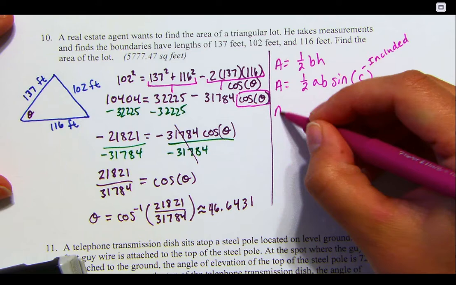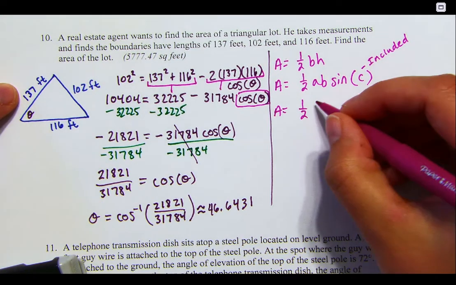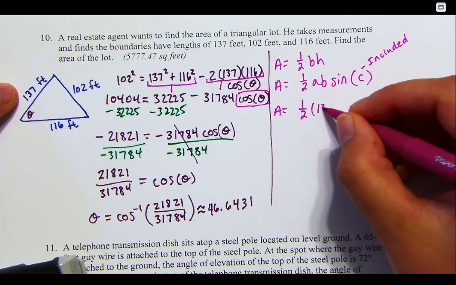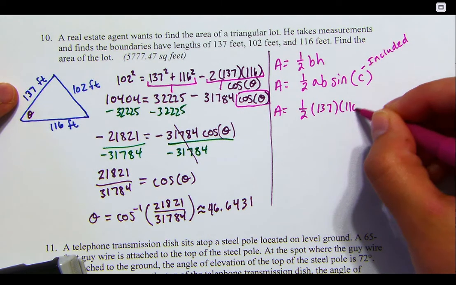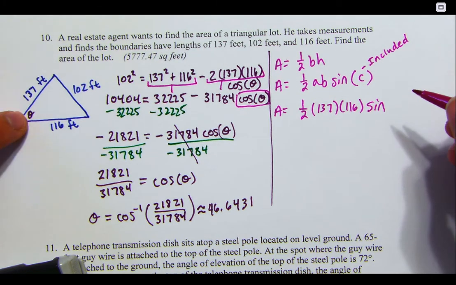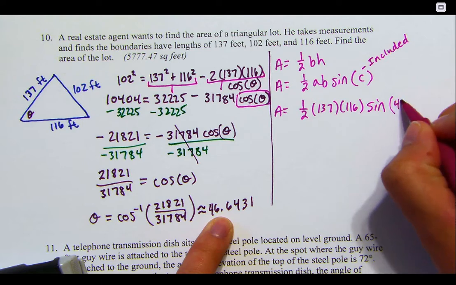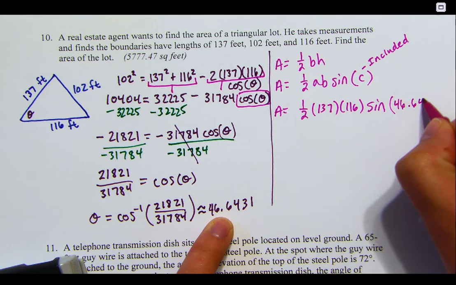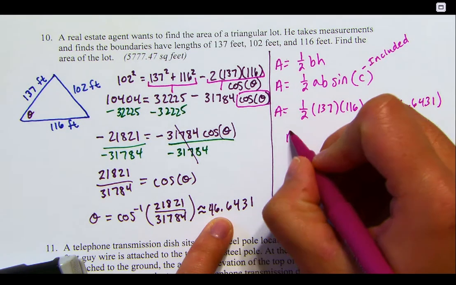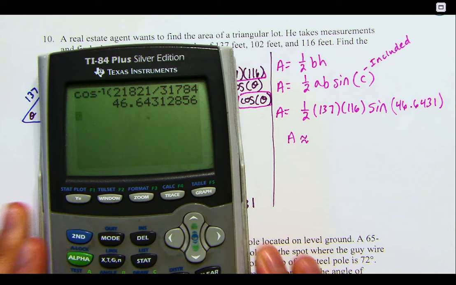Okay, so our area is going to be 1/2 times these two sides. So that's that A and B. So 137, 116. And then the sine of that theta angle, because that's what's in between. So it's going to be this number, 46.6431. Okay, so now that we're finding what the question is asking for, we're only going to round to 2 decimal places.